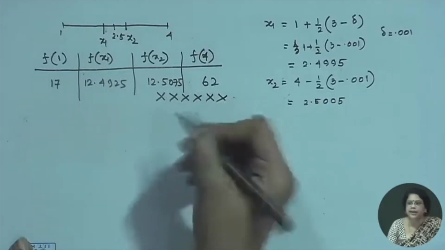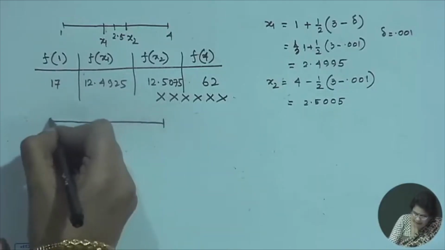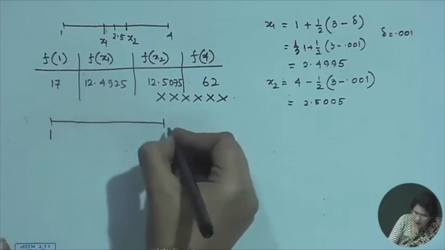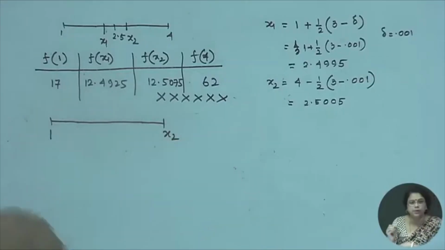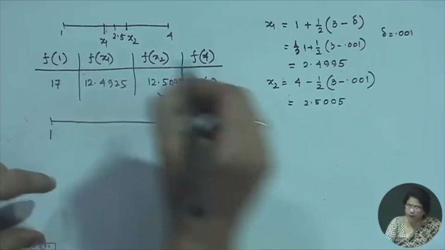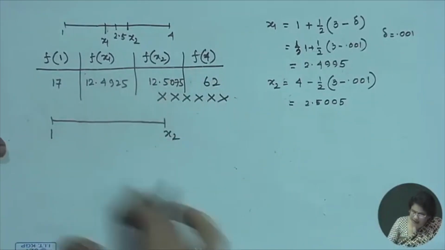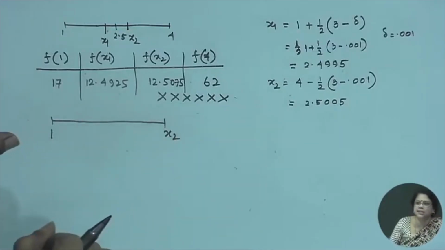All right. Next, we will consider the interval of uncertainty as 1 to x2. My x1 is there, all right, 1 to x2, and what will be the size of this interval of uncertainty?